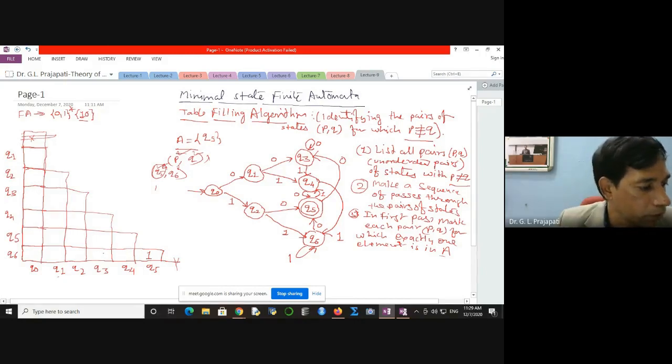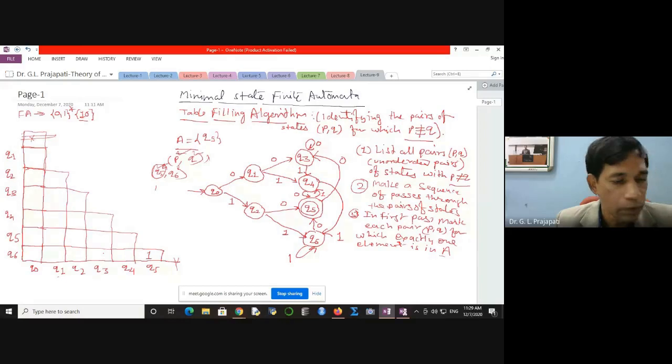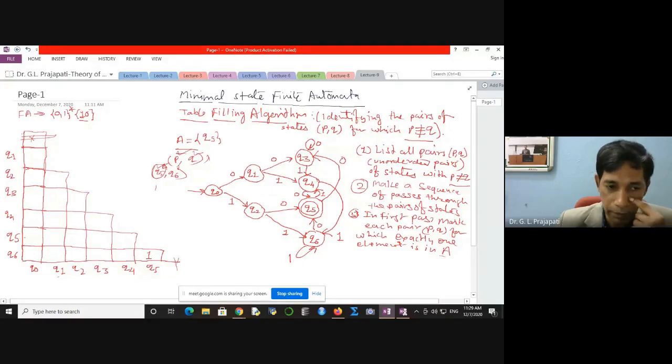Similarly, you can also mark other pairs. If you consider the Q5 row, then everywhere you have Q5. So Q0, Q5, yes, Q5 is the final state, so we can mark here.